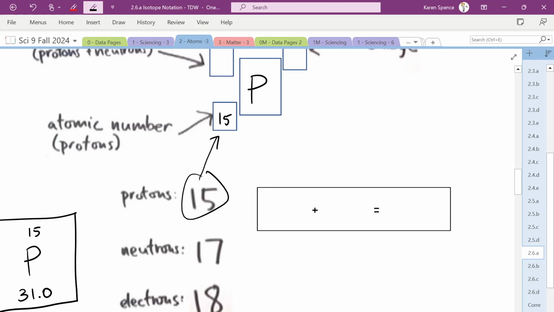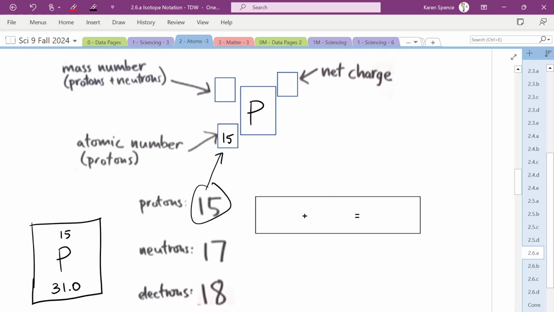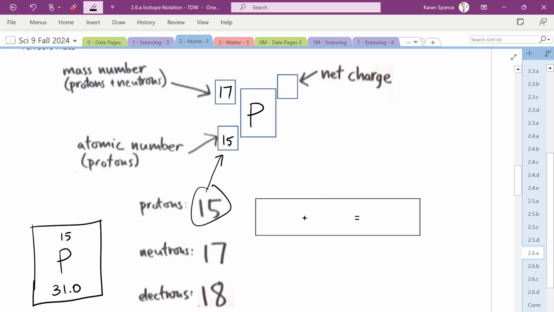So that's a 15. Oh, we're told that neutrons is 17. Do you know what I see so many students do? They do this. Is that correct? No. We don't put the number of neutrons up there. We put the protons plus the neutrons. You can use a calculator for this if you want to. 15 plus 17 is 32. So we put 32 up there.